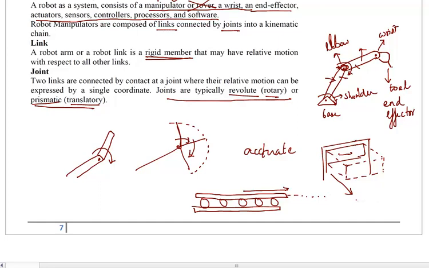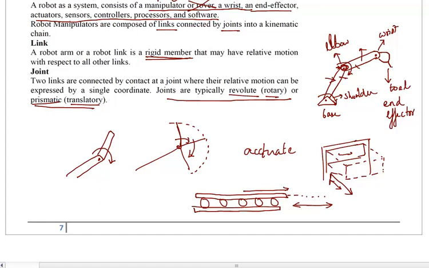So the movement is not angular, but forward or backward, outside or inside. That is basically a prismatic joint. That joint will translate, or move in a straight direction, not in an angular direction.